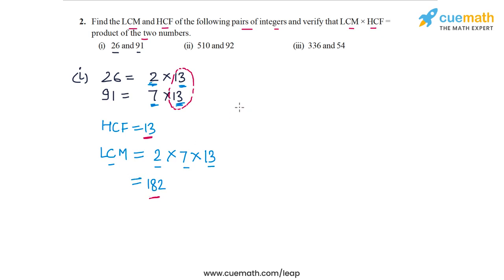Now let's verify whether this relation given to us, LCM times HCF equal to the product of the two numbers, holds for this pair of integers or not. So this is where I am doing the verification of the given relation.